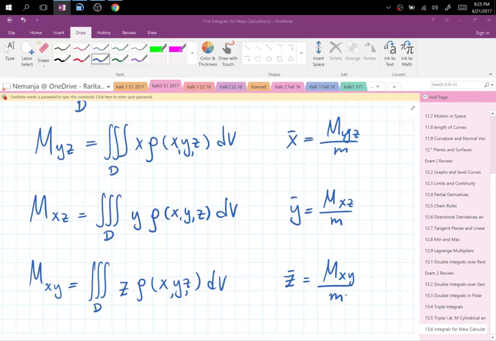So those are the formulas, and as I said, be very careful about the shapes you have and the calculations you need to do, because you might have to jump into the cylindrical or spherical realm to solve the integral.